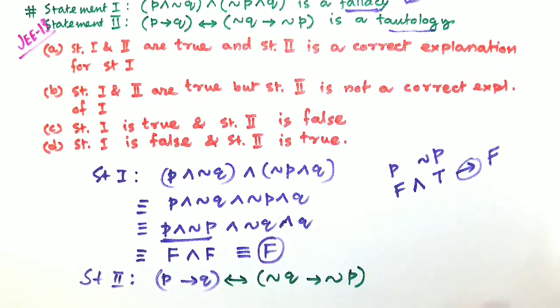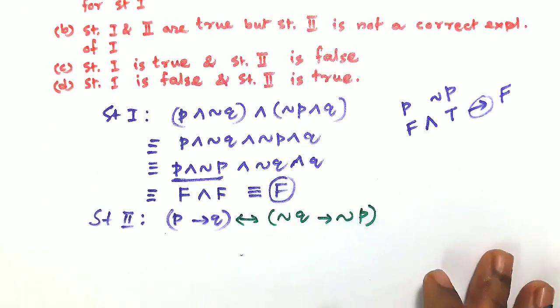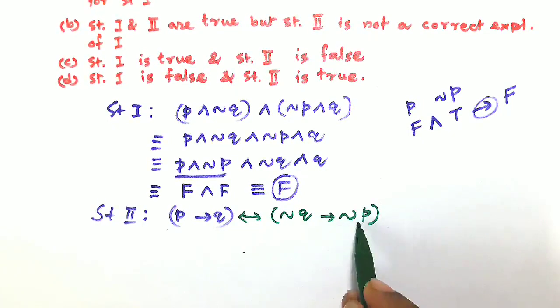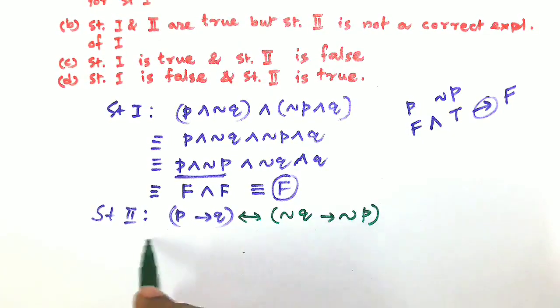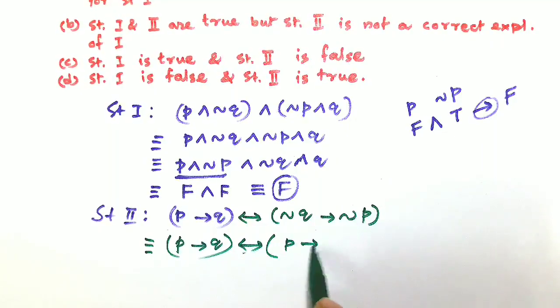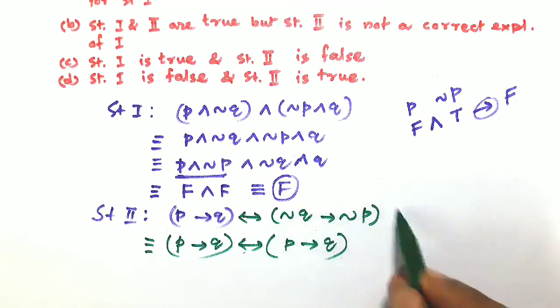Now friends, this is important. This is actually the concept of contrapositive. Negation Q implies negation P. You know this. If you write this one, you will find this is equivalent to P implies Q. This is the concept of contrapositive.